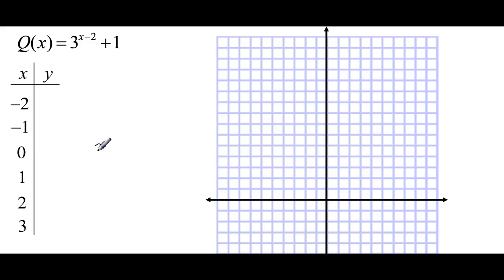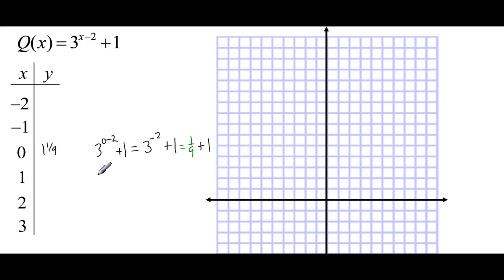If you plug in 0, you're doing 3 to the 0 minus 2 plus 1. 3 to the 0 minus 2 is 3 to the negative 2, and 3 to the negative 2 is 1/9. So that's a fraction. 1/9 plus 1, that's 1 and 1/9.